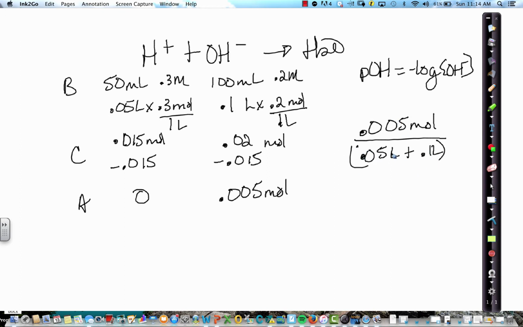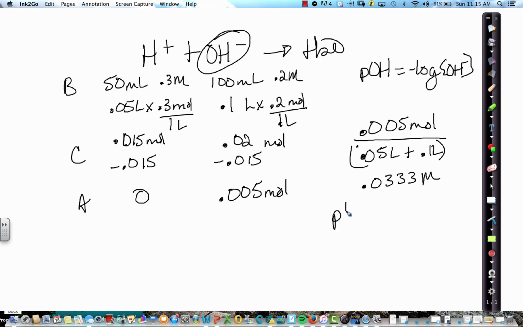So 0.005 divided by 0.15 will give me 0.333. And this is my molarity, but this is of hydroxide. It's not of my hydrogen ions now.